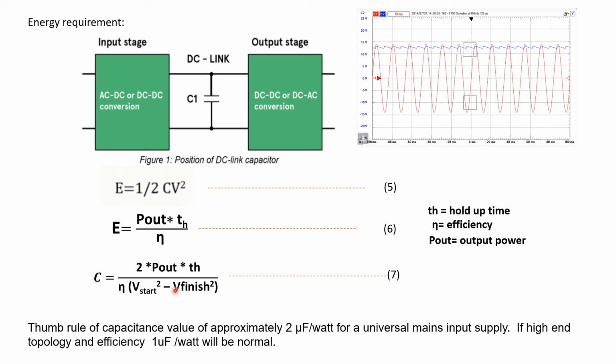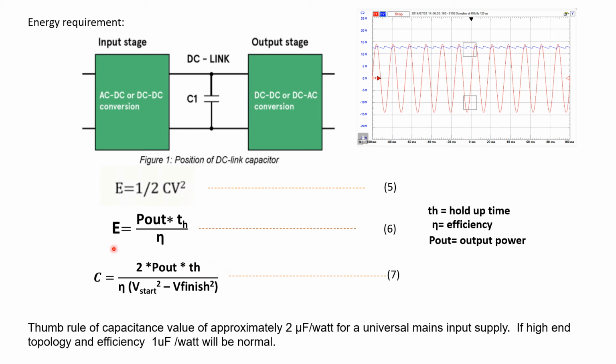So basically this is your discharging curve. Start means suppose it started at 325 and comes down to 300 volt, so it is 325 squared minus 300 squared.